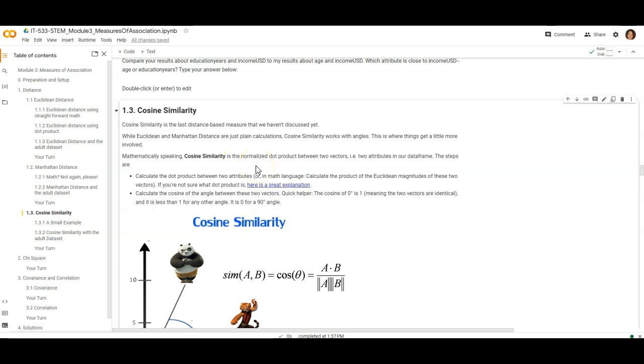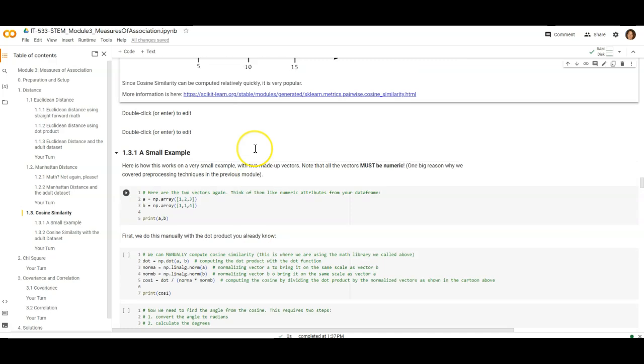The cosine similarity is related to the dot product that we're going to have to calculate between two vectors. And then we're going to calculate the cosine of the angle between those two vectors. So very quickly, the cosine of 0 degrees is 1, and the cosine is 0 for a 90-degree angle.